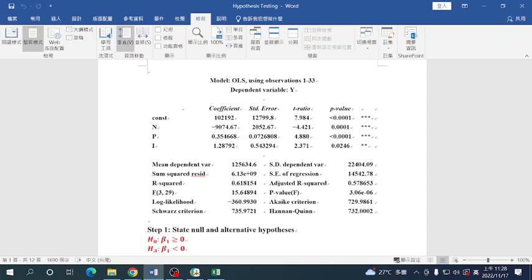F is a new distribution. We just learned the t distribution, right? This is another distribution called the F distribution. This is degrees of freedom. From the F distribution, there are 2 degrees of freedom. One is in the numerator, the other one is in the denominator.